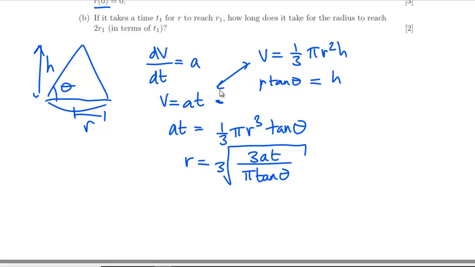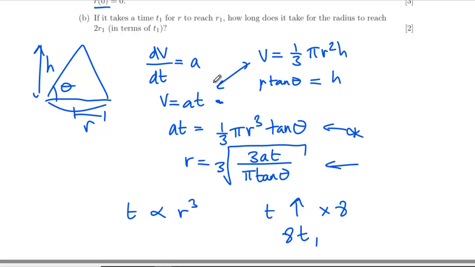The radius has doubled, then we must have 8 times the amount of time, because time is proportional to r cubed. That's what we wrote out here. So time must go up by 8. So we've got 8t1 is what we need. Oh, okay, that was fine.